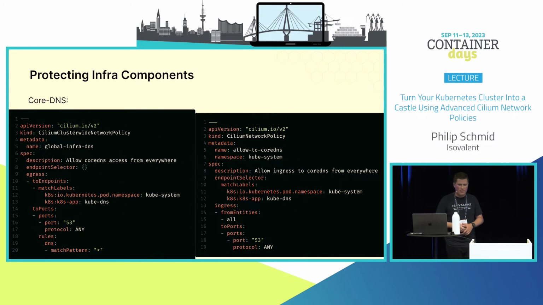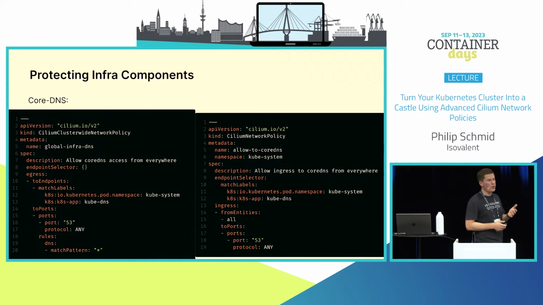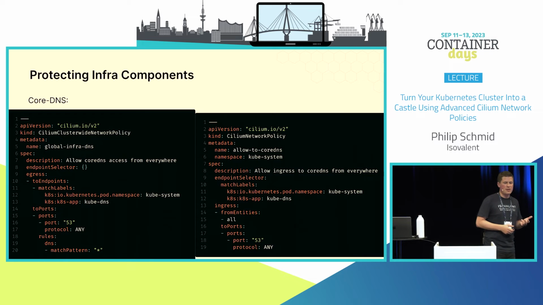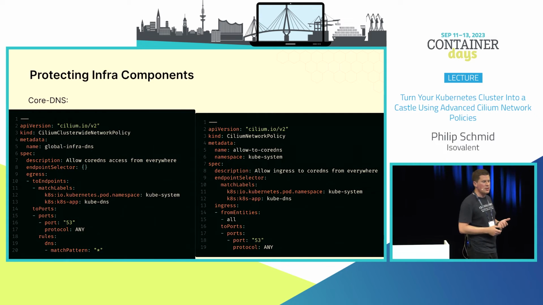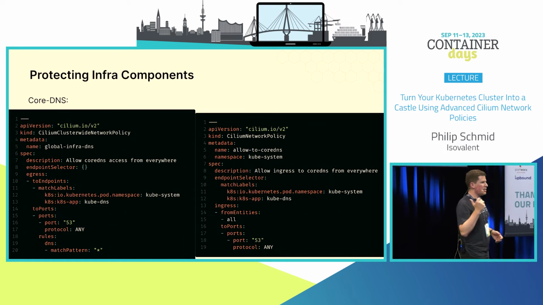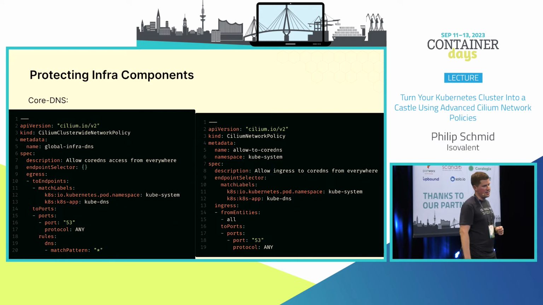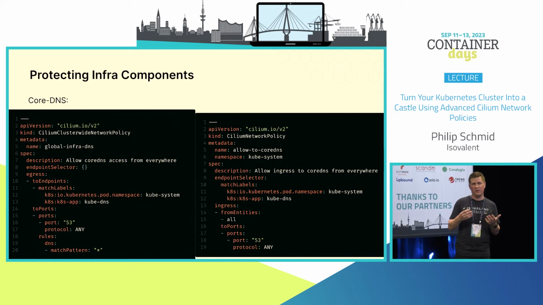So here we are allowing connections towards our CoreDNS pods that are running in the kube-system namespace, and we are only allowing port 53. And here, one small extra feature we activated is the DNS visibility of Cilium.